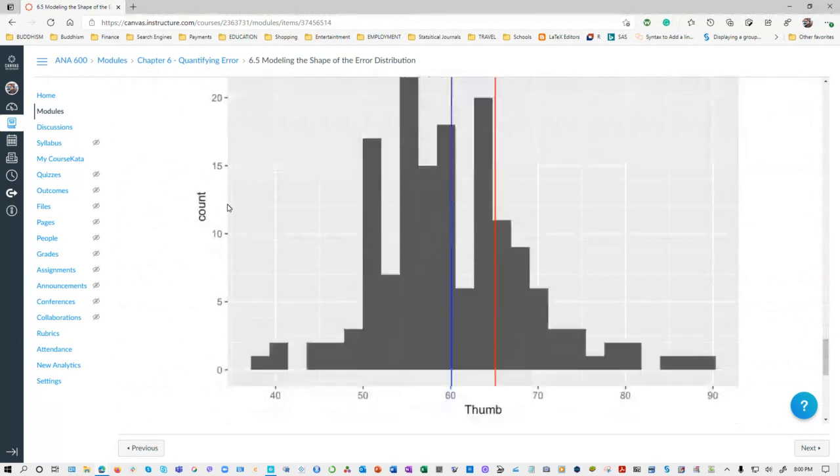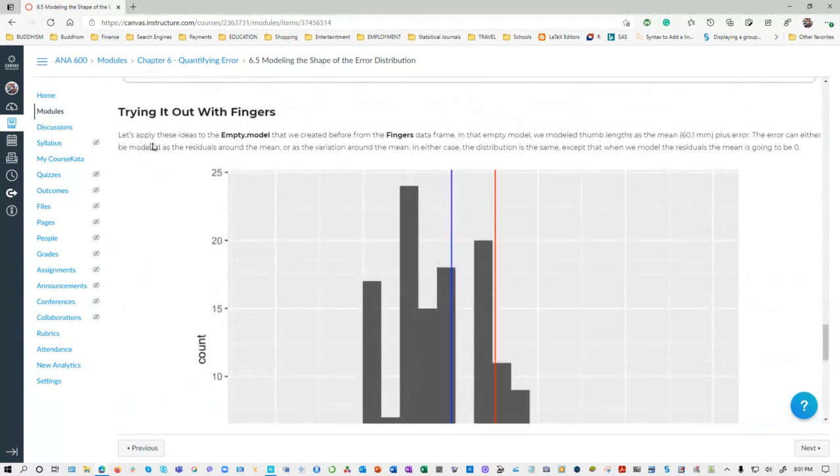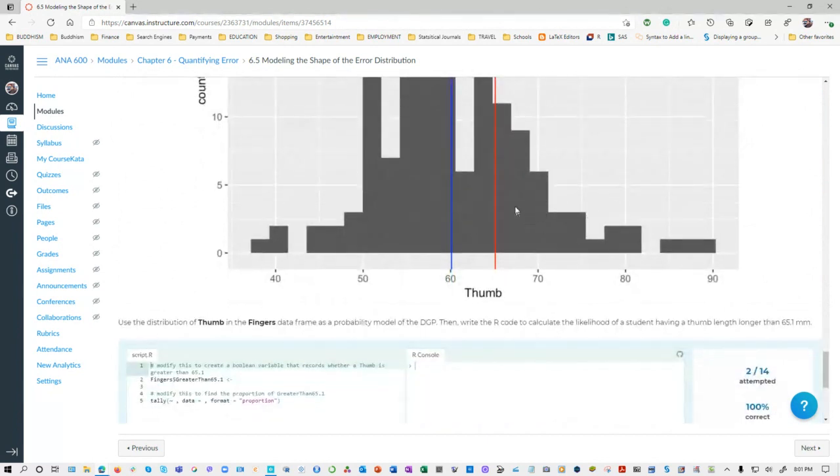Then see, trying it with the fingers. Let's apply these ideas to the empty model as we created before, the fingers data frame. In the empty model we model thumb length as the mean plus error. The error can be modeled as the residual around the mean, no, as the variation around the mean. In either case, the distribution is the same, except that when we model residual, the mean is going to be 0.